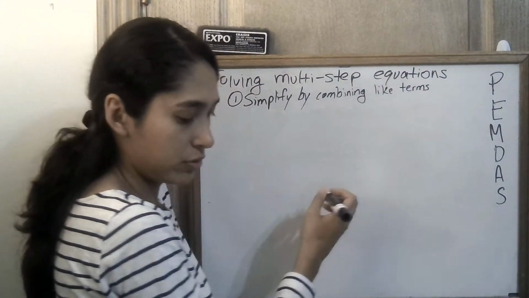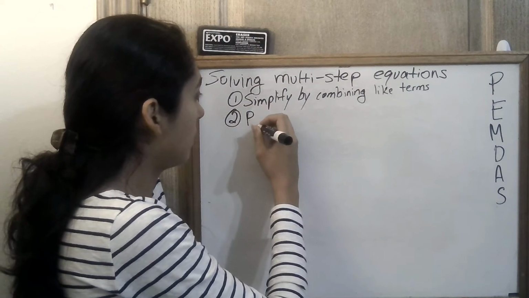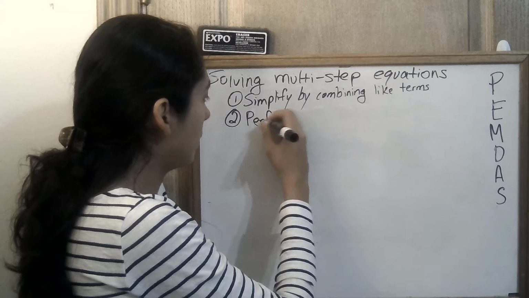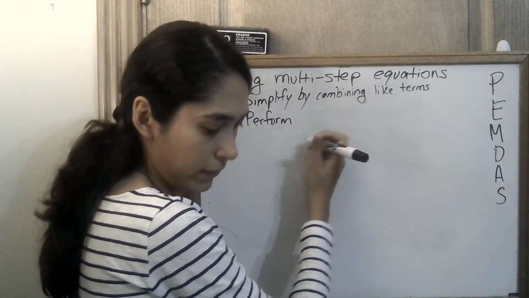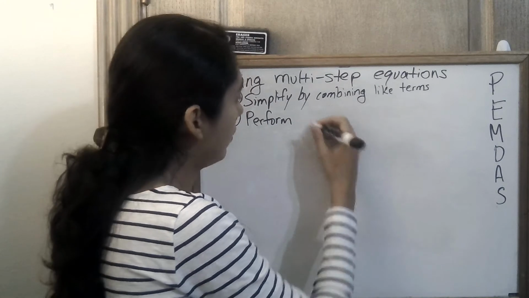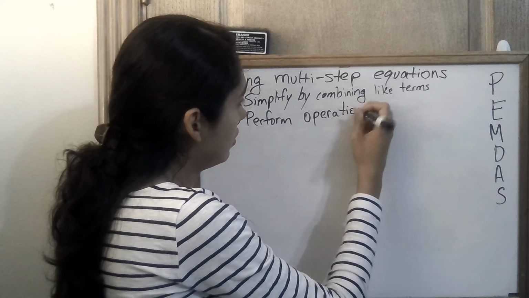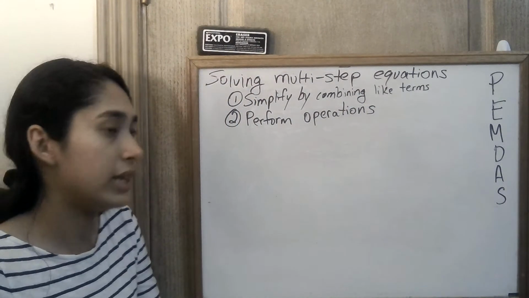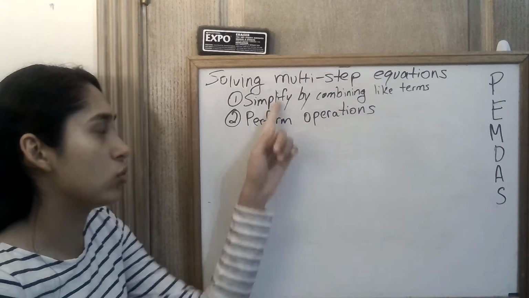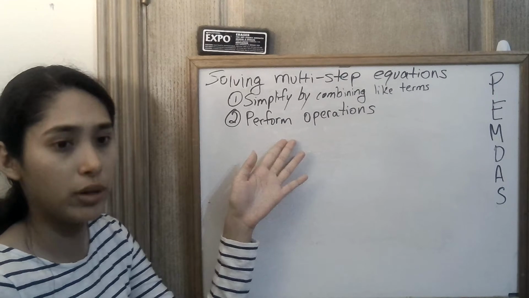We're going to perform operations, and it doesn't necessarily have to be in this order. Like terms might only appear after you perform an operation.